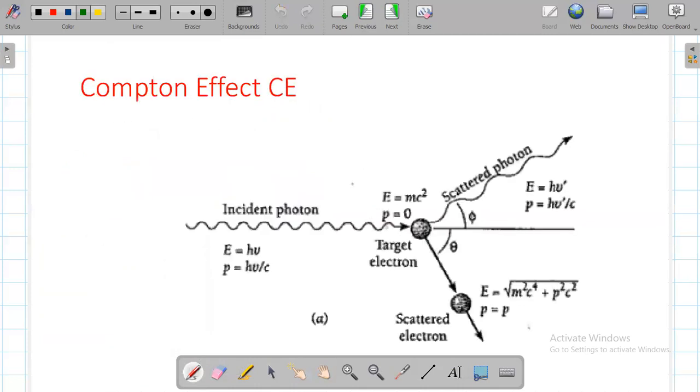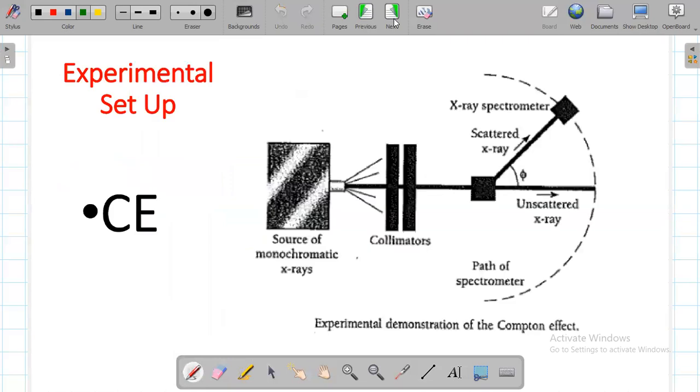Next is the Compton effect. For the Compton effect, first draw this diagram and then write the explanation. The first question is to draw the experimental setup of the Compton effect. Draw this diagram, show the source of monochromatic X-rays with a single wavelength or frequency, show the scatterer and the X-ray spectrometer, and the detector angle of the spectrum.